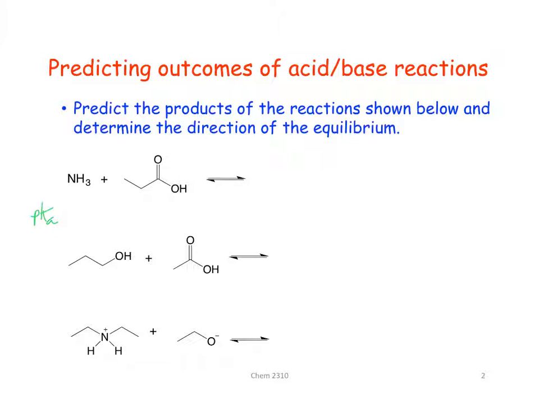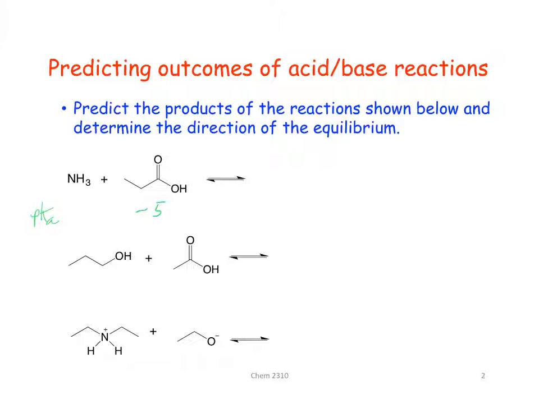So the pKa of a carboxylic acid, which is this one on the right, this is a carboxylic acid here. It has one more carbon here than does acetic acid, but we've talked about acetic acid a number of times. So the pKa of a carboxylic acid, we said, is about 5. Okay.